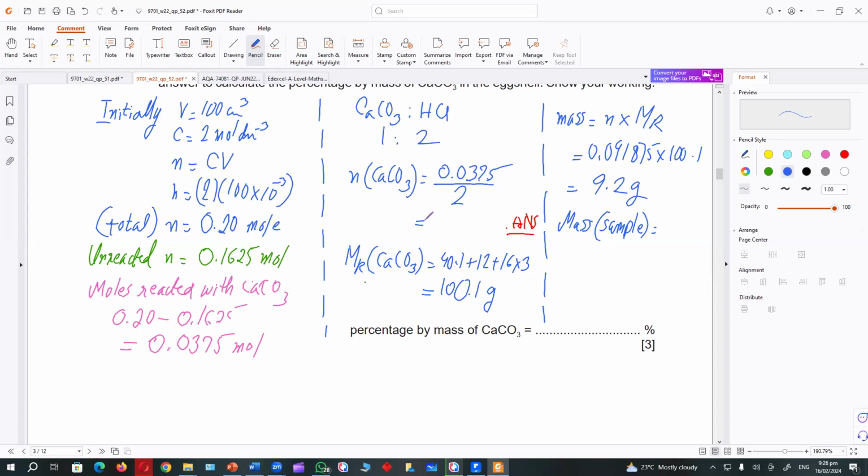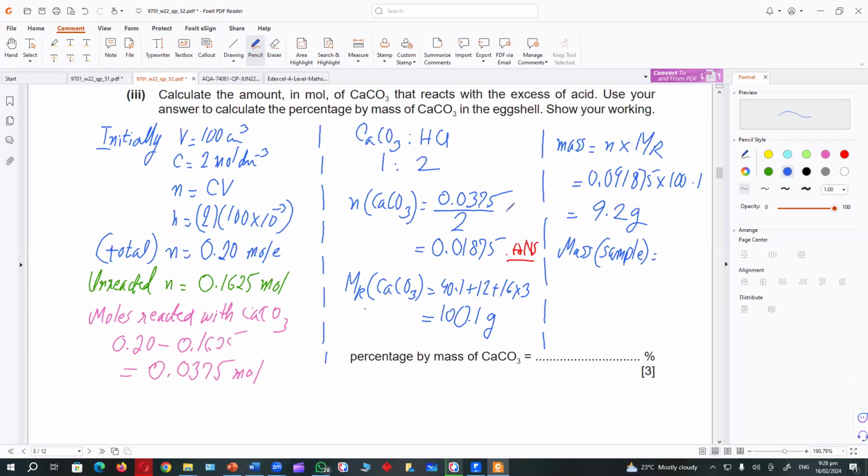It's 0.01875. Okay, now we got it and we have the mole here, 0.01875.